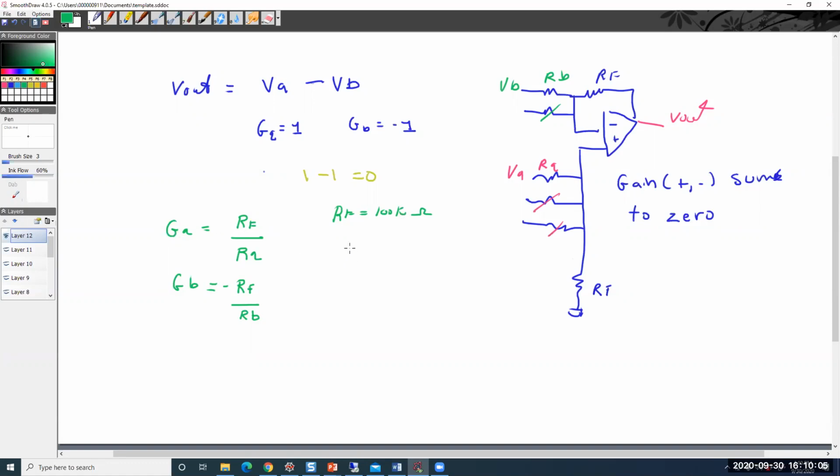So if the gain is 1, then in this case RA equals 100 kiloohms, RB equals 100 kiloohms. So then all I have to do is put 100K, 100K, 100K, and 100K there. And then I'm pretty much done.